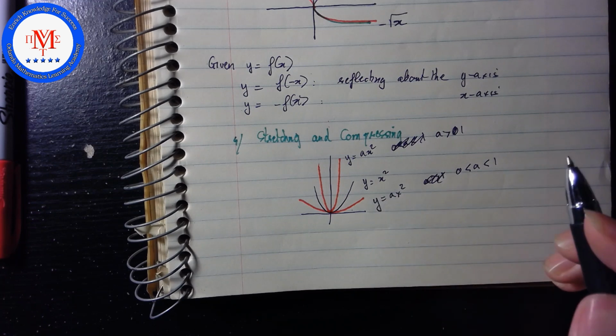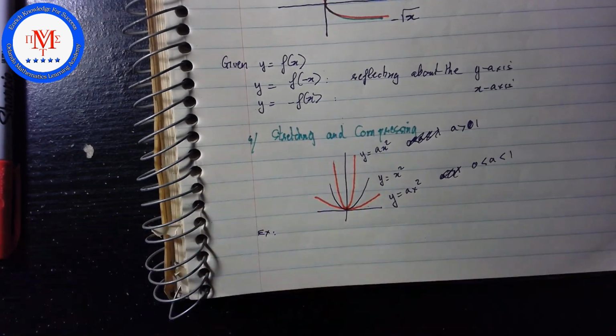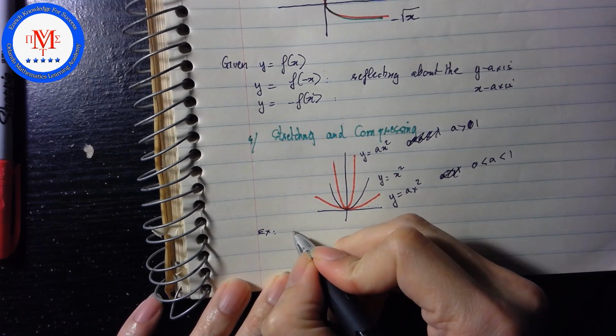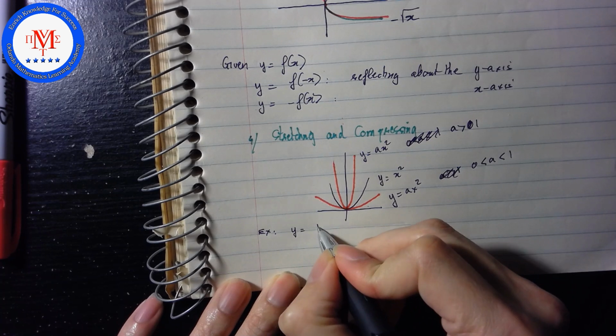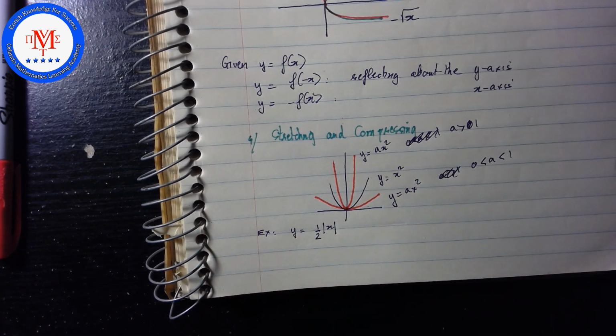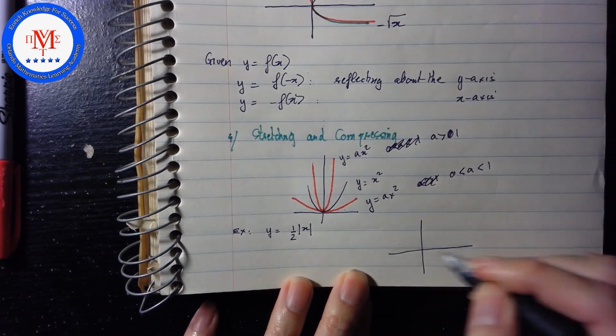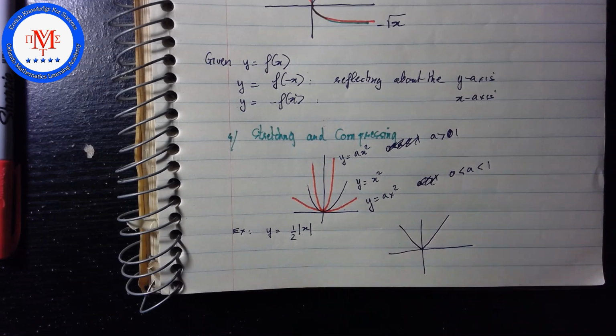Example: y equal to 1/2 absolute value of x. The absolute value of x has this form, and because it's 1/2, the leading coefficient is between 0 and 1, so it becomes like this.